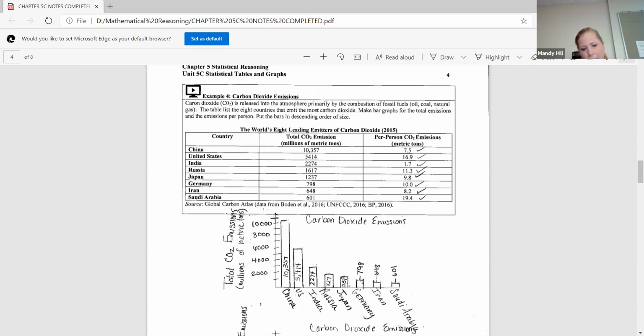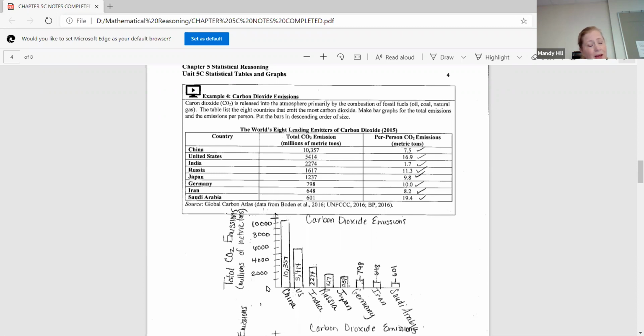Across the bottom, I've got my countries. I had to decide upon a scale. The smallest one was 601 and the biggest one is 10,000, so I knew I needed to get up to at least 11,000 in order to fit this number.